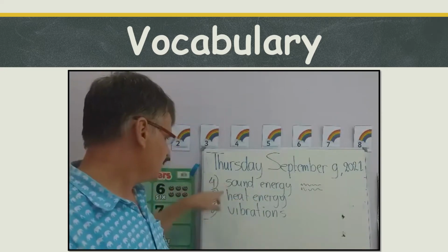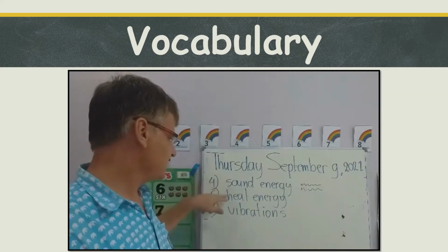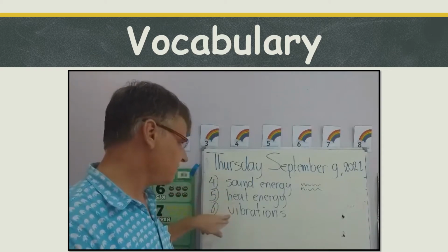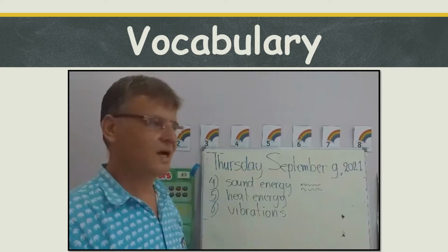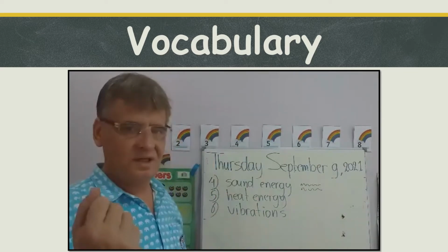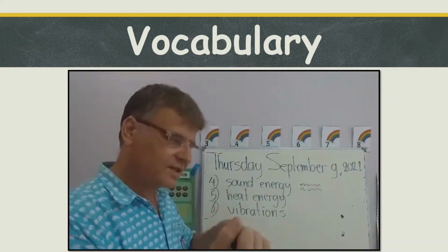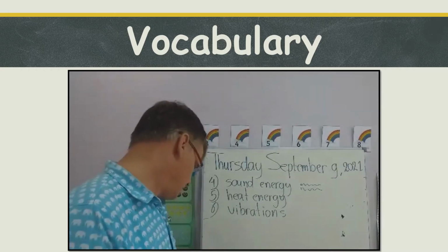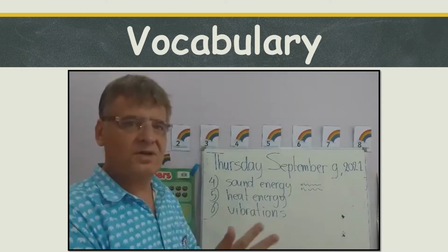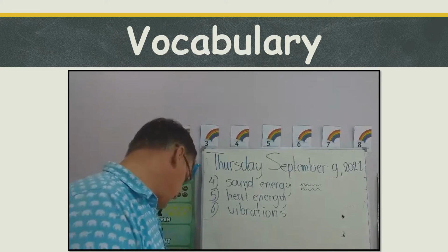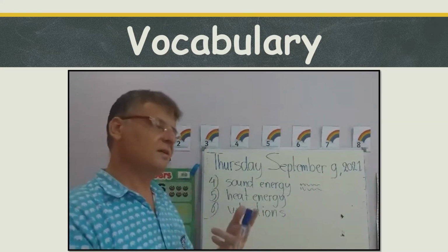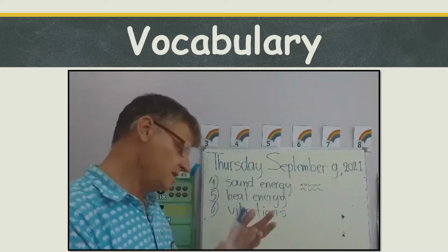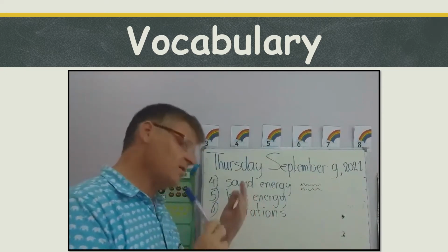Okay, so sound energy, heat energy, and vibrations are the very fast moving either sound waves or guitar strings or violin strings. Good. Let's have a closer look at the 5 energies: mechanical energy, electrical energy, light energy, heat energy, and sound energy.